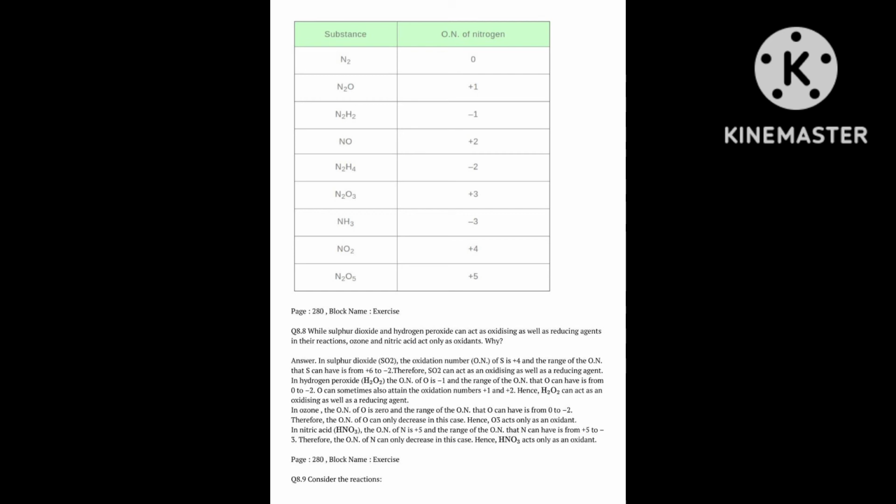Bromate you can also solve very easily. BrO3 1 minus, with 3 oxygens, 3 into 2 is minus 6, and the total is minus 1, so bromine is plus 5. The oxidation number of bromine is plus 5.